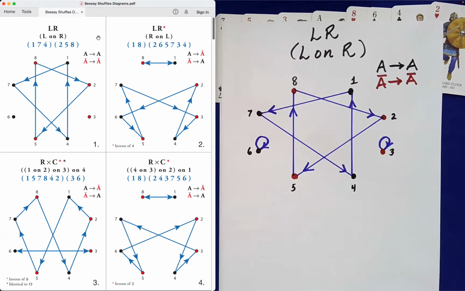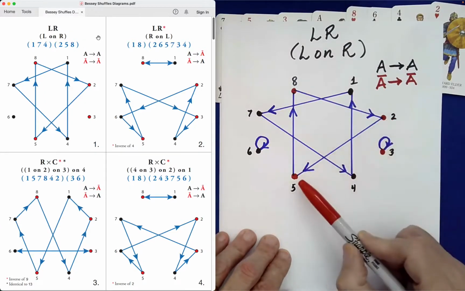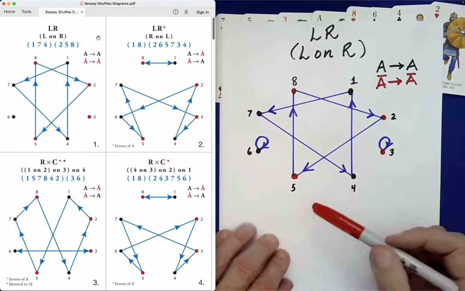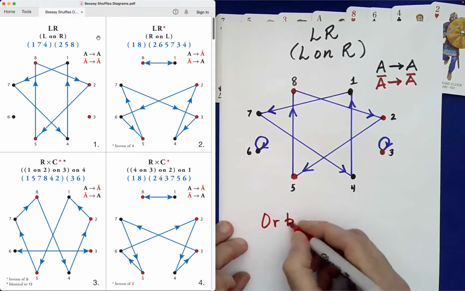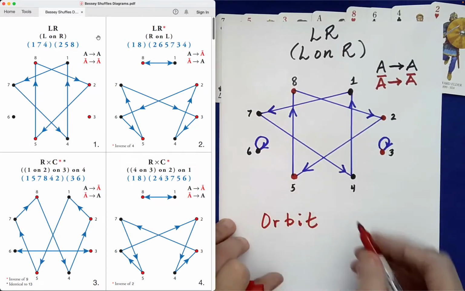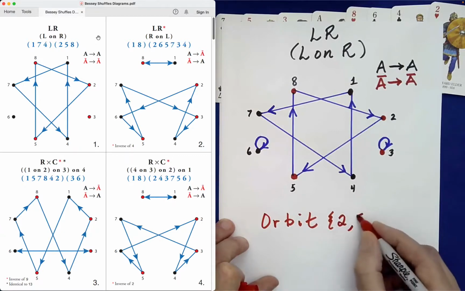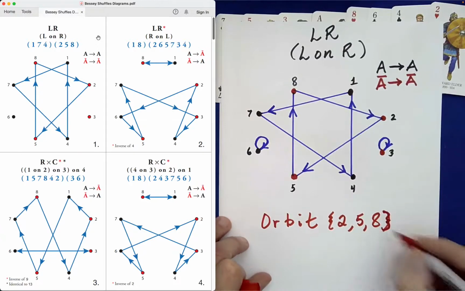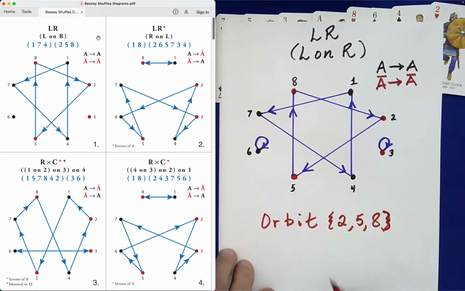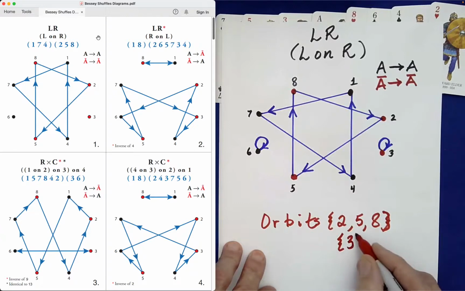And as some specialized vocabulary, we say that 2, 5, 8 are in the same orbit. That's a technical word from group theory. So one orbit is the set consisting of 2, 5, 8. So that's one orbit. I'll say orbits. Another orbit is one consisting of just 3 because it doesn't go anywhere.